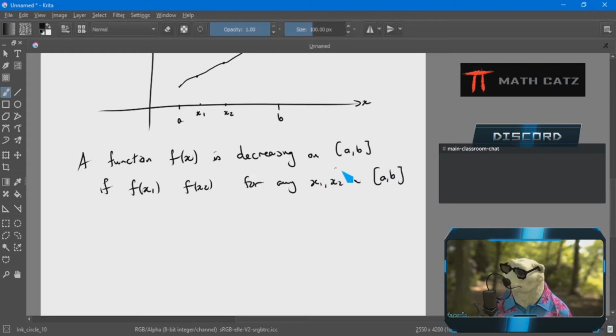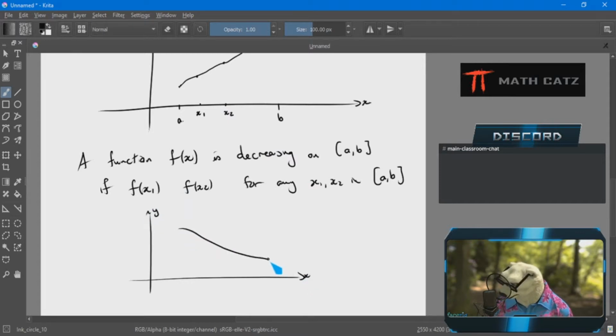Could be the endpoints, could be interior points, doesn't matter. I need to be going downhill in one way or another. Could be slow. You see up here, it's slowly going down, then it speeds up a little bit. Either way, it's going downhill.